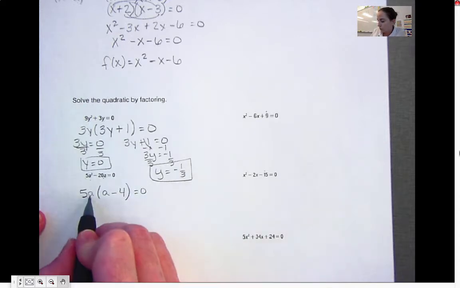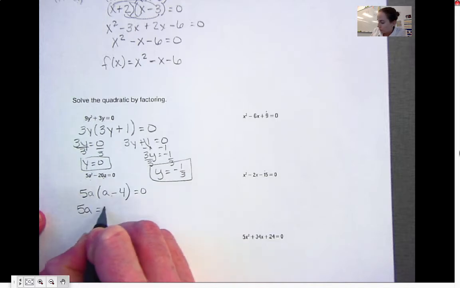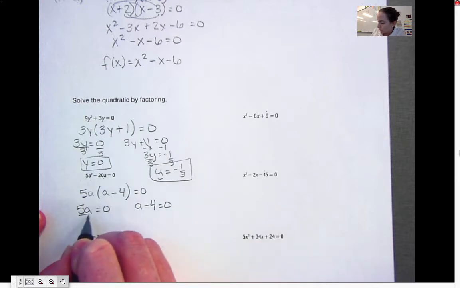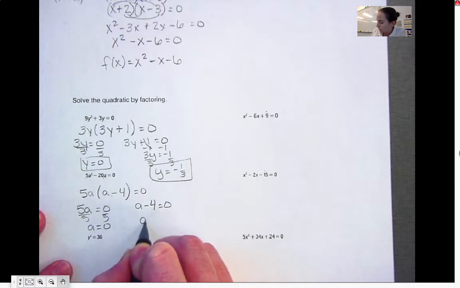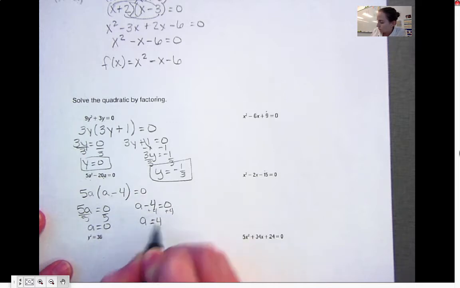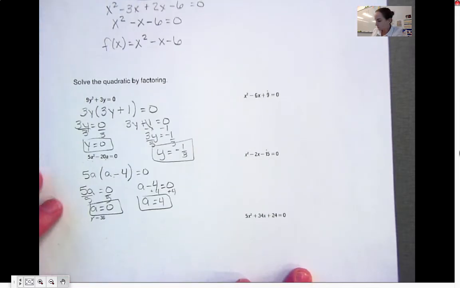Anywhere that there's a variable, you set that expression equal to 0. 5a equals 0. A minus 4 equals 0. Divide by 5, divide by 5. A equals 0. A, if I add 4, equals 4. These two answers are my solutions.